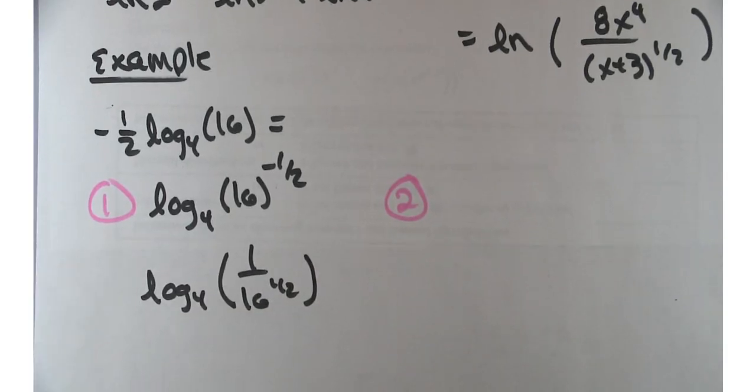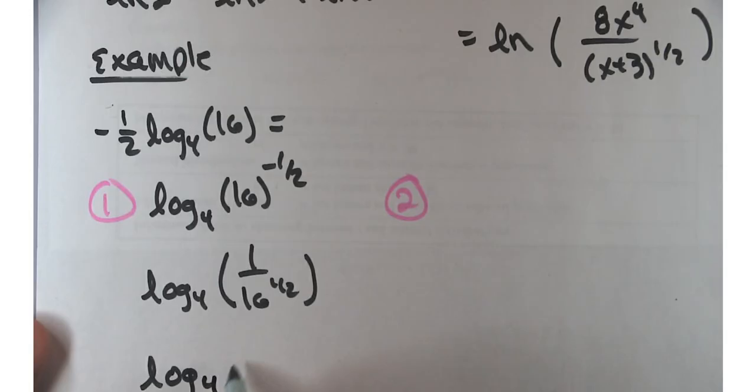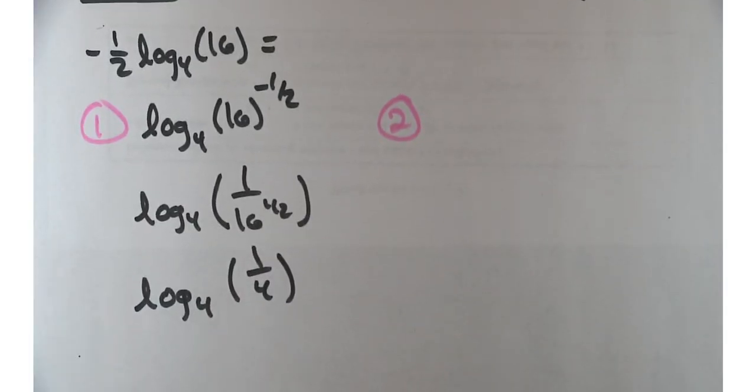Okay, not bad. Ben? 1 over, square root of 16 would be 1 over 4. Yeah, so this is the log base 4 of 1 over 4. Without a calculator, what's the, yeah, go ahead, Ben. Negative 1. Negative 1. Nice.